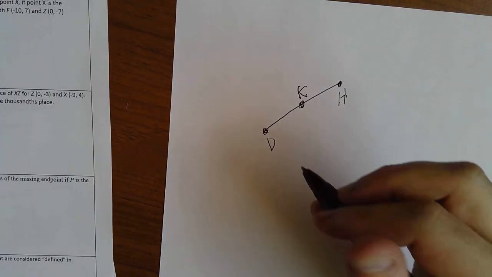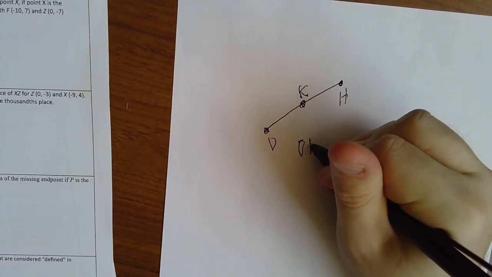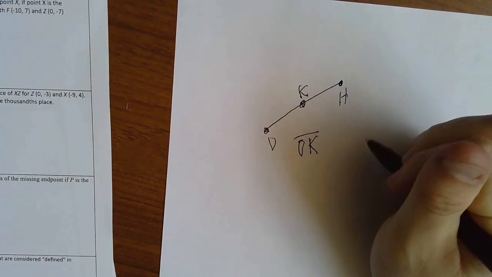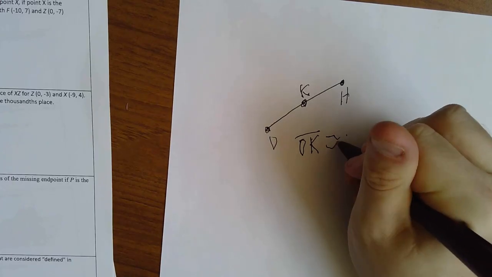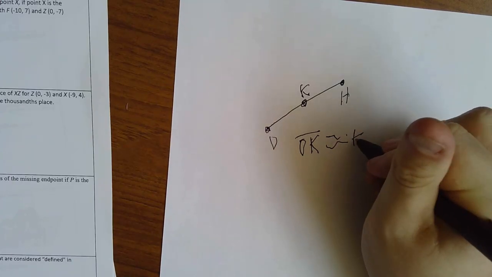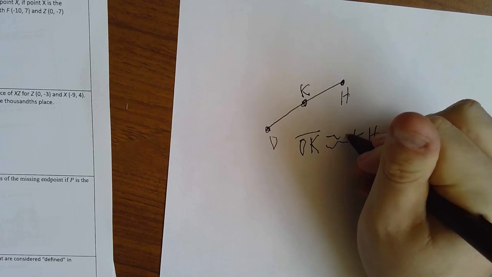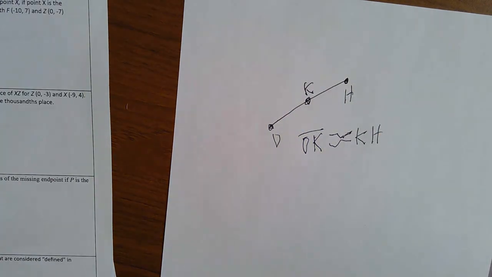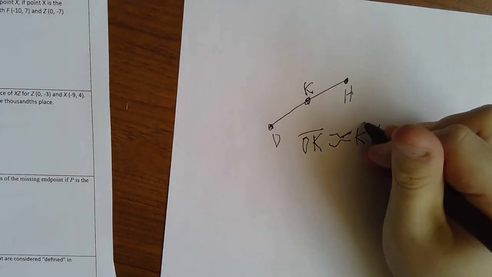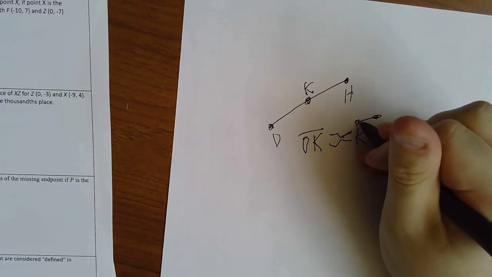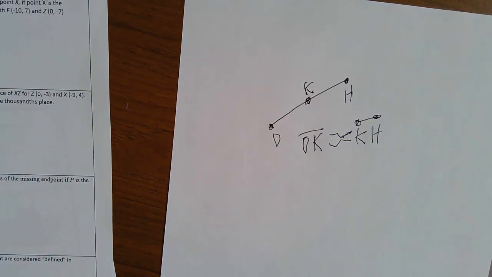So the distance of DK, Donkey Kong, should be congruent to the distance of KH because that's what it means to be a midpoint. It's right in the middle between the two. Right? So if that's true, all we need to do is take the average of the 2 points and use our midpoint formula. Once again, we might be seeing a trend here.